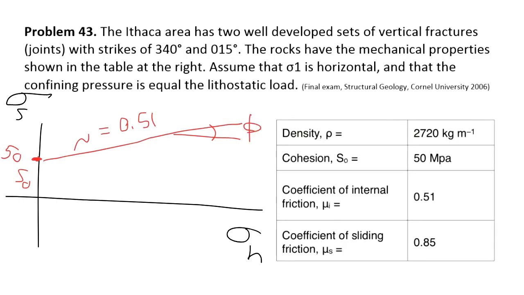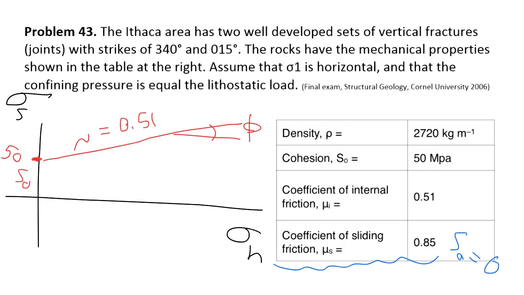So we use the coefficient of internal friction to draw this Coulomb failure envelope. And if we are dealing with sliding friction, in that case there is no cohesion, right? So in this situation S0 is equal to 0.